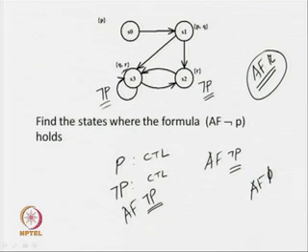So, the behavior of this model is the same with respect to the atomic propositions R and not of P. Since AFR is true in all the 4 states of this model, similarly we can conclude that AF not of P is also true in all those 4 states of this model. So, this is the way that we have to see whether some CTL formula is true in some model or not.